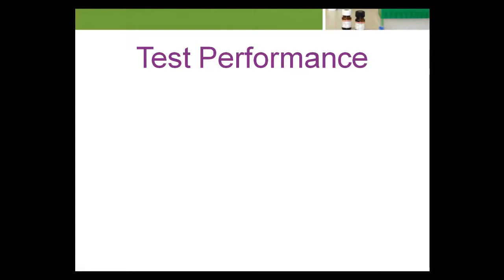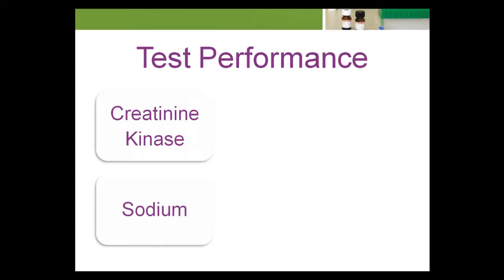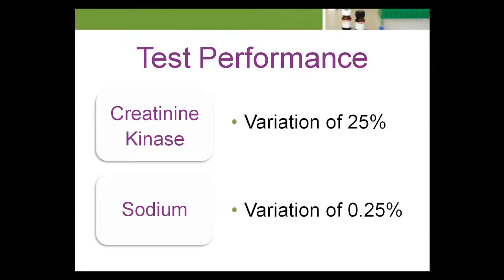We need to also consider our test performance. Going back to our sodium and creatinine kinase example, if our sodium results have a variation of 0.25%, but our creatinine kinase results have a variation of 25%, we'll need to control our creatinine kinase test more tightly than our sodium test.